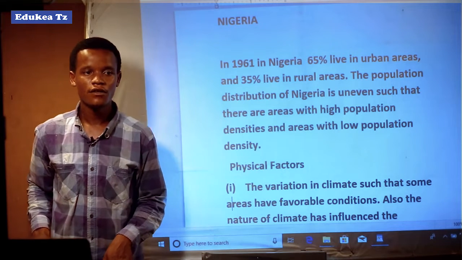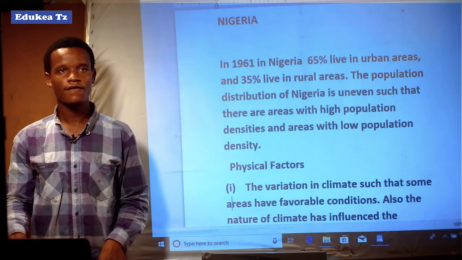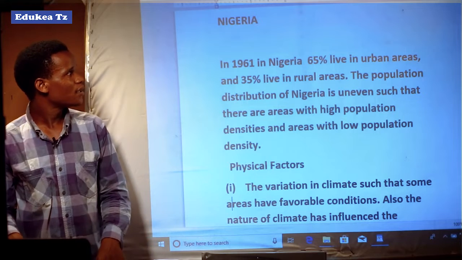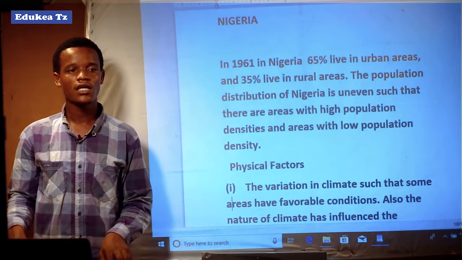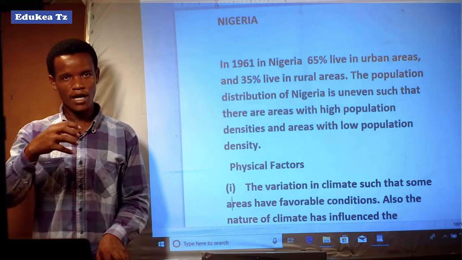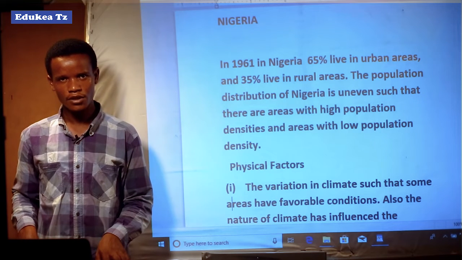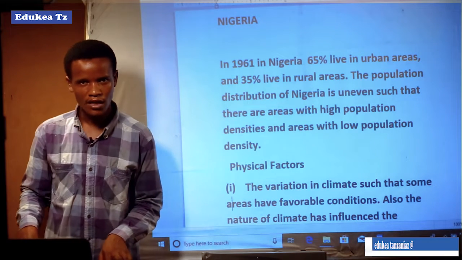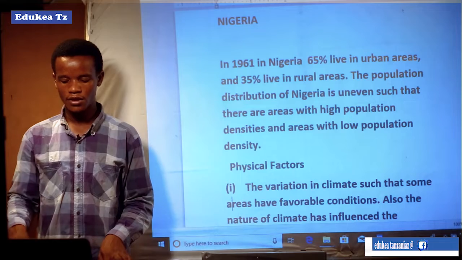Nigeria is among the developing countries found in Africa. Now, in Nigeria there are also different reasons that lead some areas of Nigeria to have a high population compared to other areas that have low population.